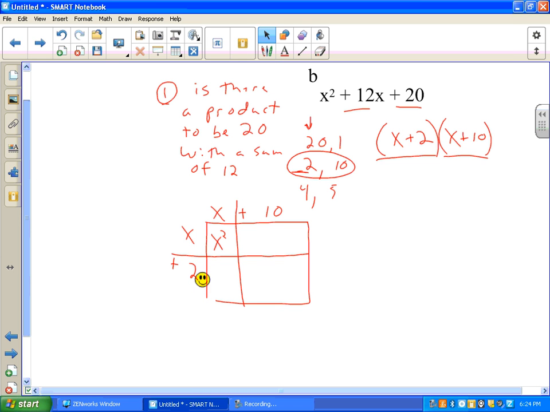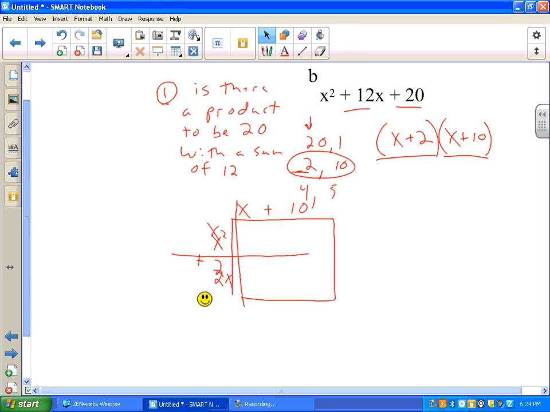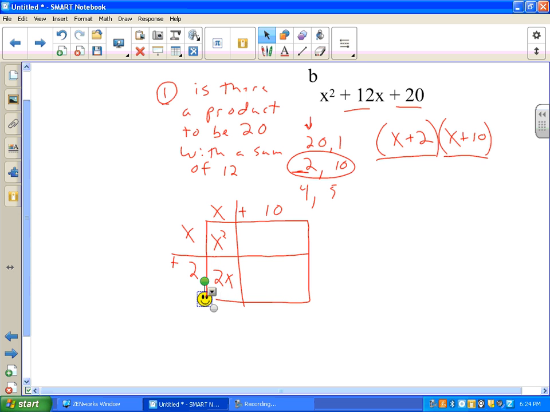Now this is only 2 feet tall, but it's still x feet wide. So the area of this rectangle here is 2 times x, or 2x. The area of this rectangle here is x high and 10 wide, so the area is 10 times x, or just 10x.